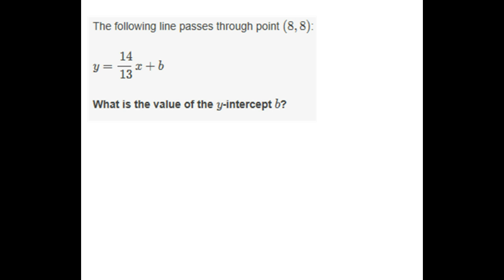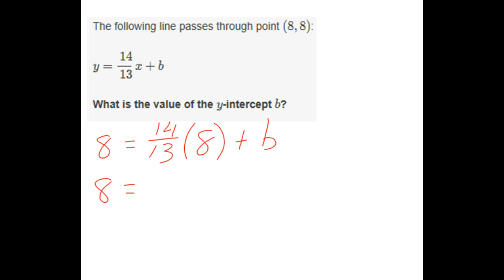Same setup. We are going to substitute the y value in for y, that is 8. And that is equal to 14 thirteenths times 8 plus b. So 8 is equal to, multiply this out, 14 times 8, so I get 112 over 13 plus b.